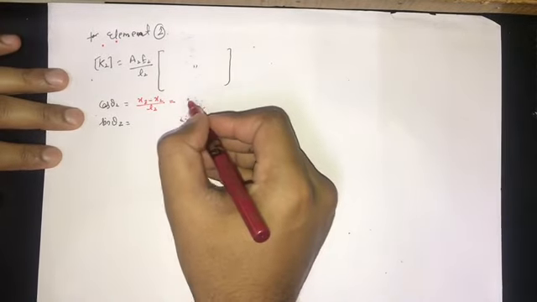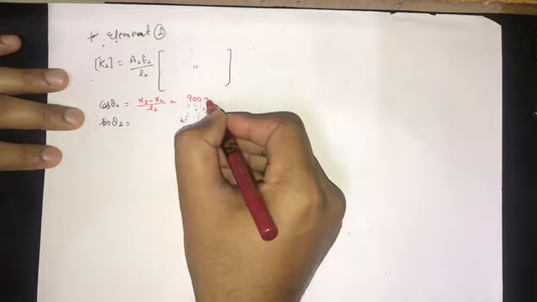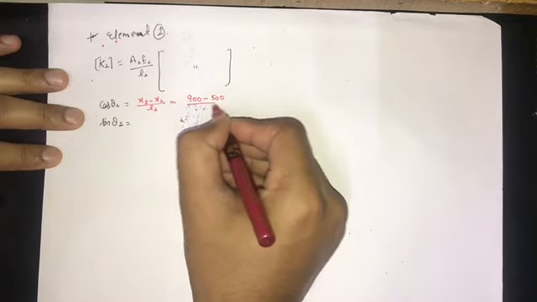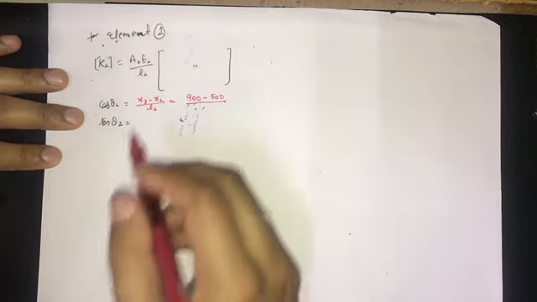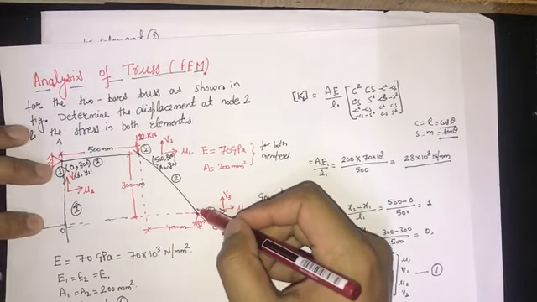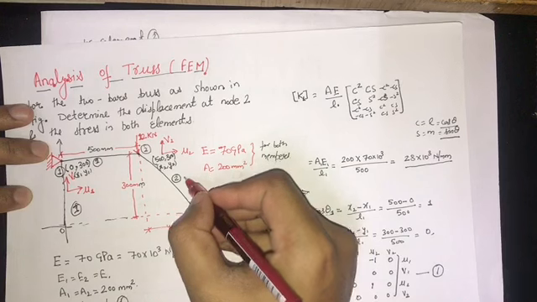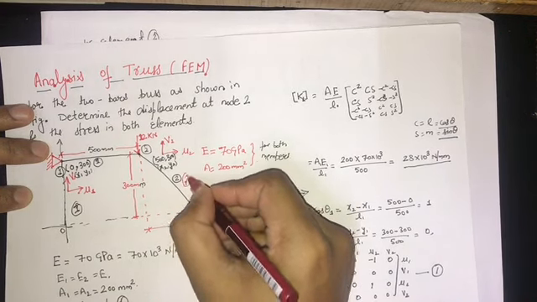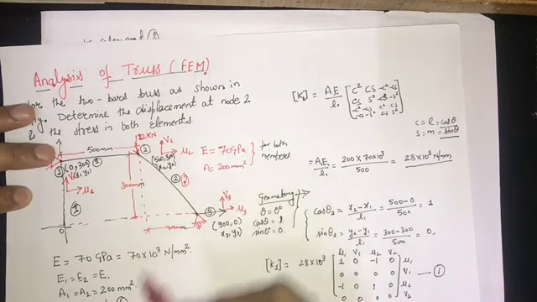x3 value is 900 minus 500, divided by L2. Now this length is not mentioned in the question. So it is an unknown value, but we have these two values.